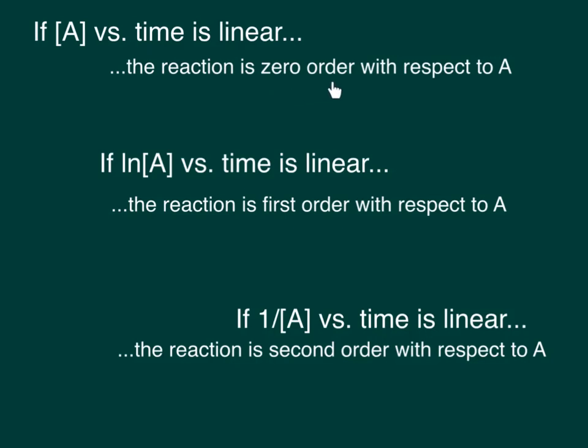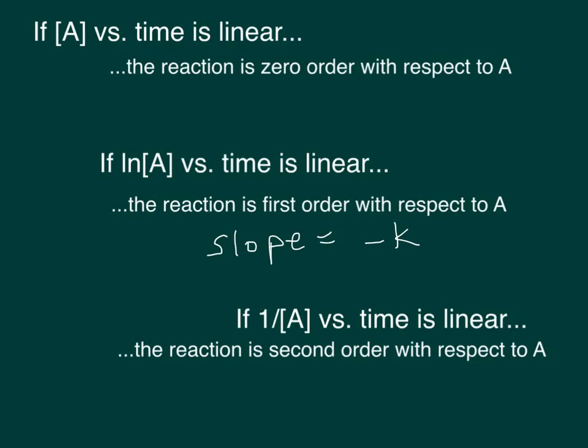In other words, the rate of the reaction is not impacted by the concentration of A. If that graph is nonlinear, we can graph the natural log of concentration versus time. If that's linear, that tells us that the reaction is first order with respect to A. Moreover, the slope of that graph is going to be equal to negative k, or negative the rate constant.